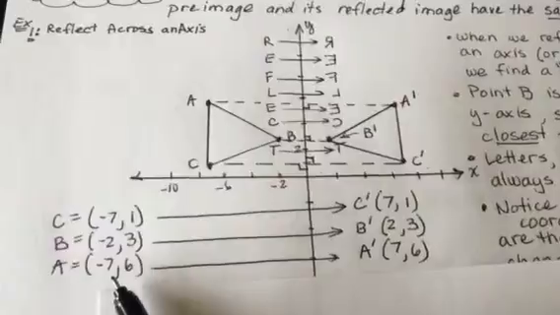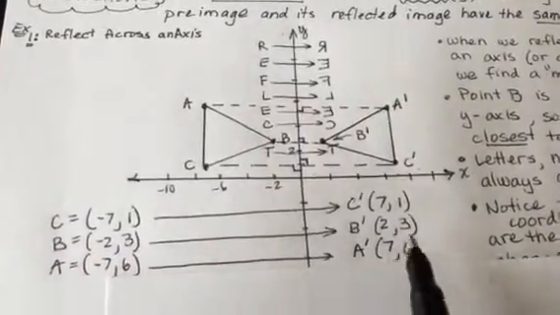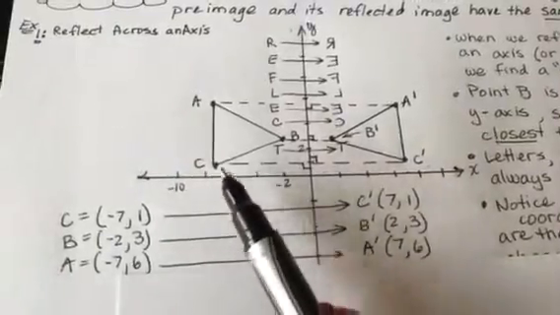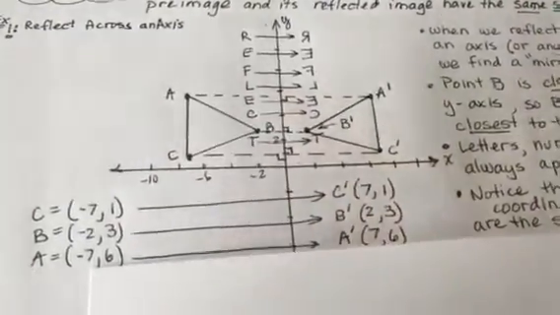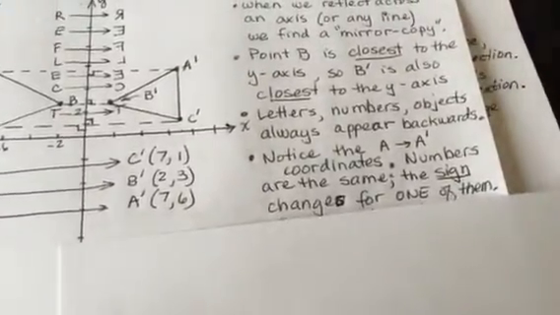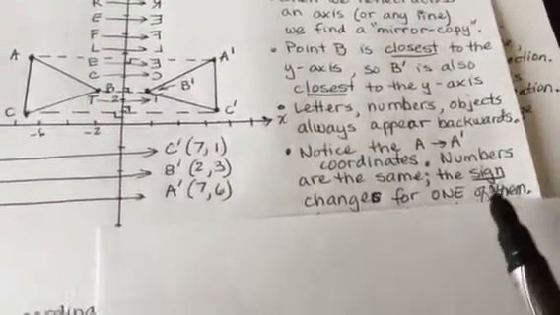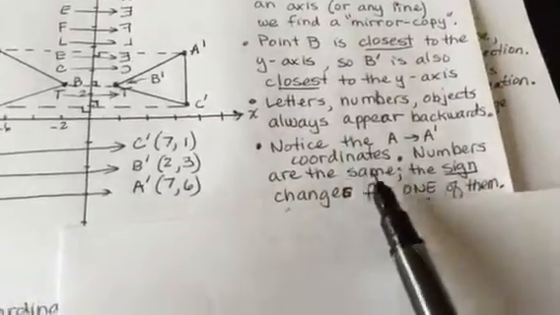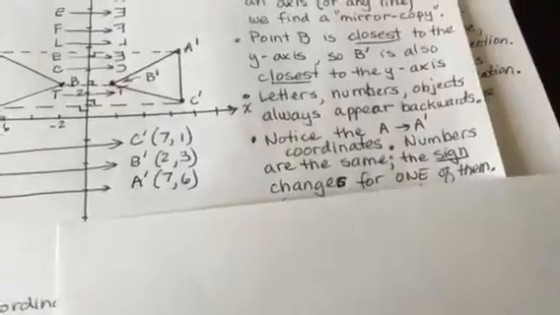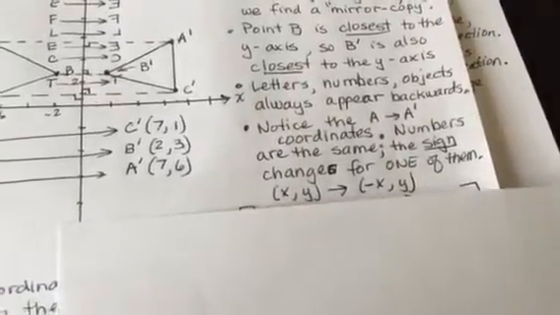So it becomes from -7, 6 to 7, 6. Over 7, up 6. Over -7, up 6. So the thing to remember is not only that the numbers are the same, the sign changes always for one of them depending upon which axis you are going for.